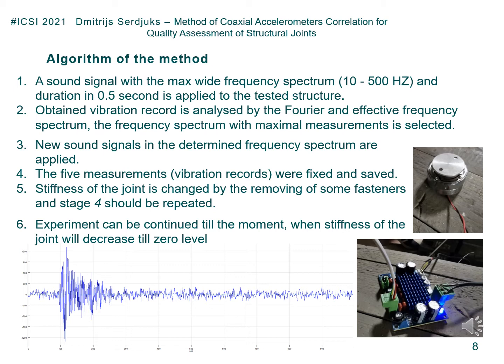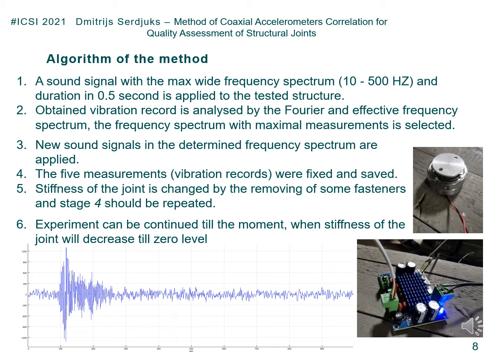The first step: a sound signal with the maximum wide frequency spectrum is applied to the tested structure. Then the obtained vibration record is analyzed by Fourier transform, and the effective frequency spectrum where measurements by the vibrometers are maximum is selected. New sound signals in the determined frequency spectrum are applied.